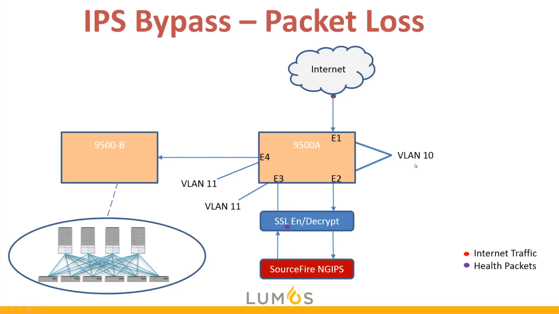So the only way that we're learning about the MAC address from SVI VLAN 11 from SVI VLAN 10 is through E2, again through this transparent L2. Okay?